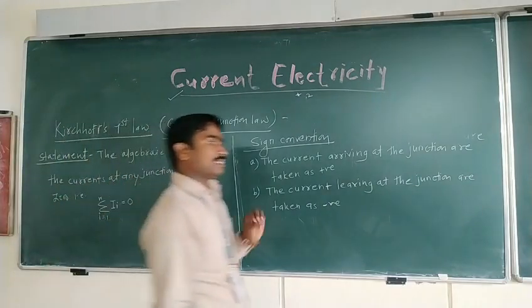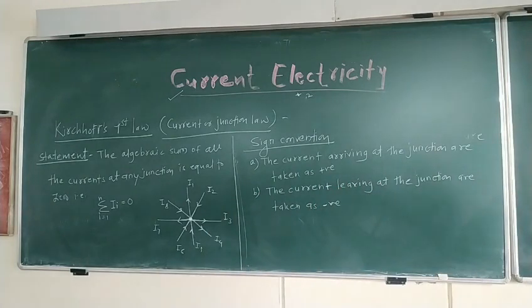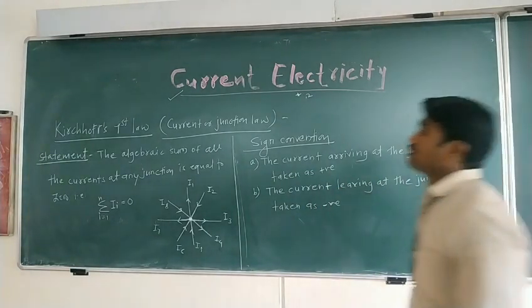There are three names: Kirchhoff's first law, junction law, and current law, but the law is single.